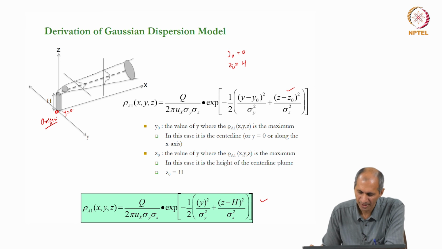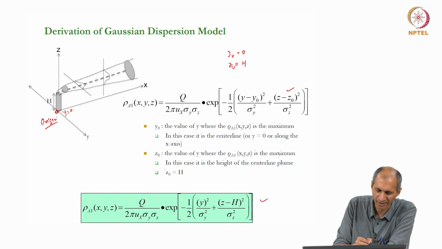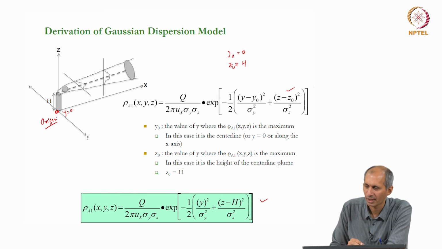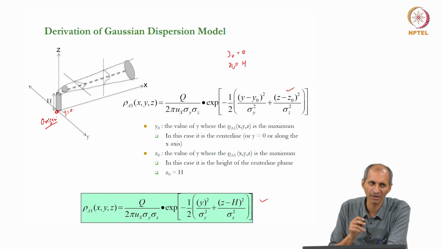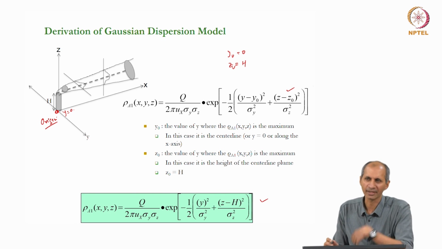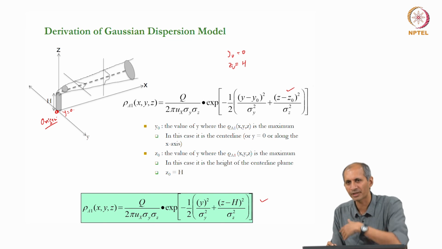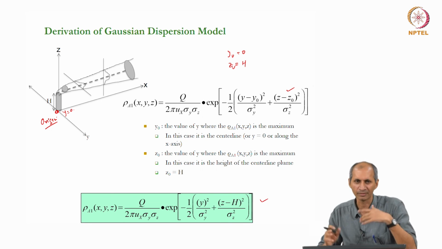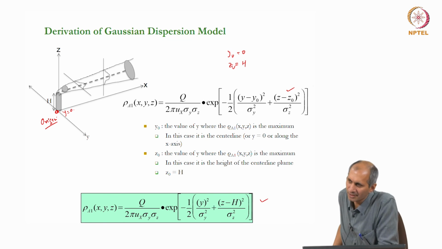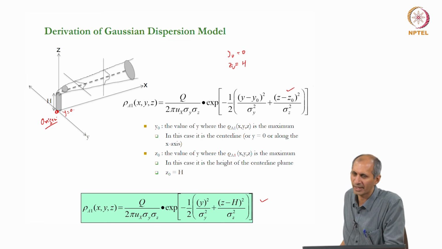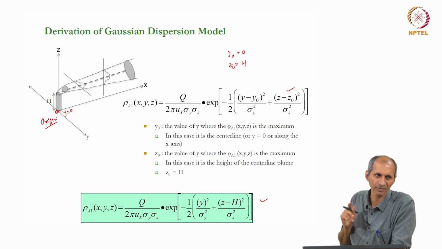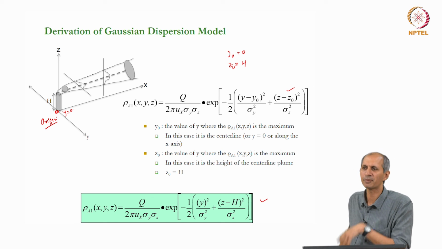The second thing that is important here is that the x axis itself is defined as the direction of the wind speed. The x axis can point north, east, west, south, it does not matter. In the reference of the Gaussian dispersion model, the x axis is the direction of the wind. The wind keeps changing.